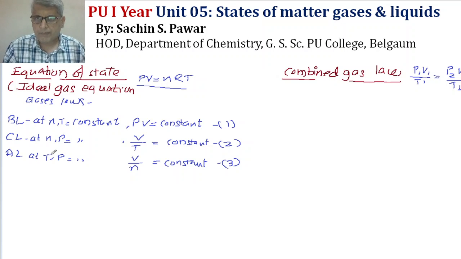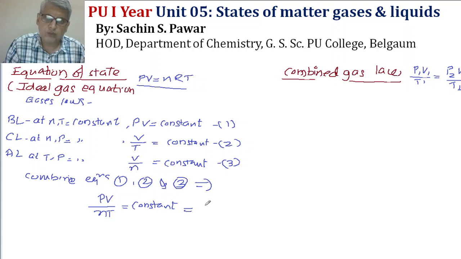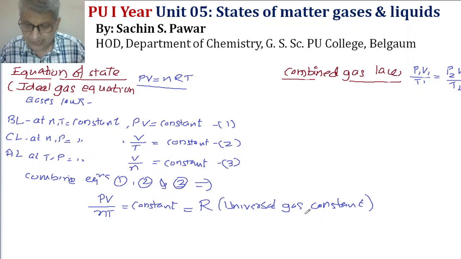And if you would like to combine these equations 1, 2 and 3, see what I am going to get is PV by nT is equal to a constant. This constant is referred to as universal gas constant R. We will derive the value of this R in a short while.